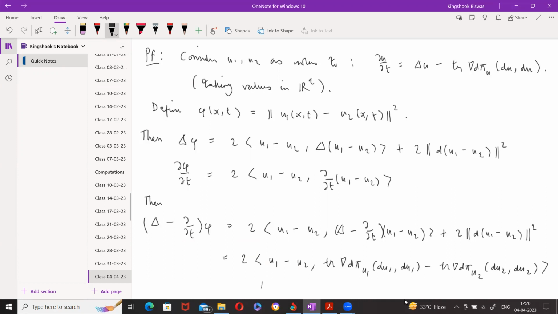Plus this twice norm of d(u1 minus u2) whole squared. Okay.